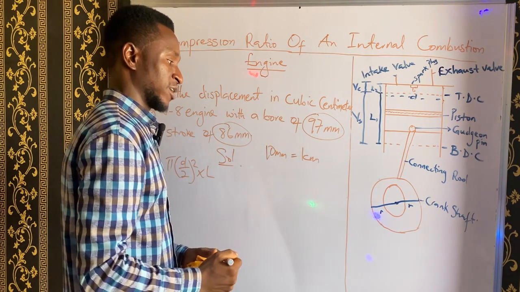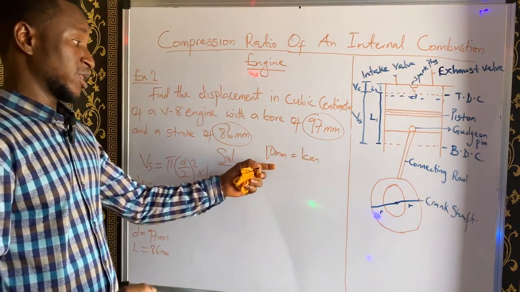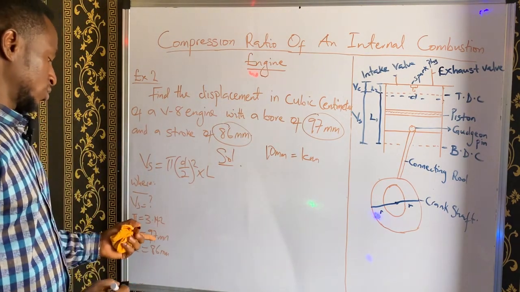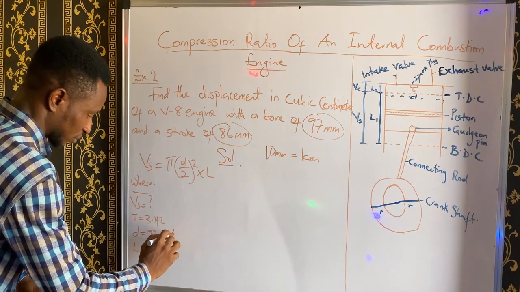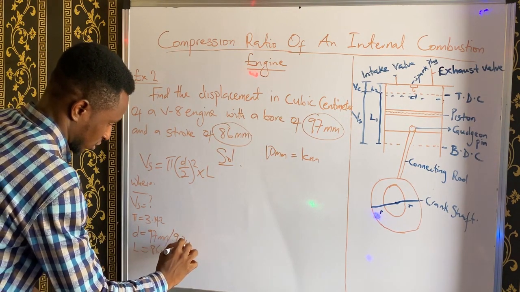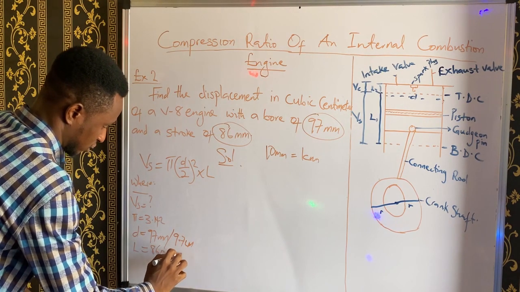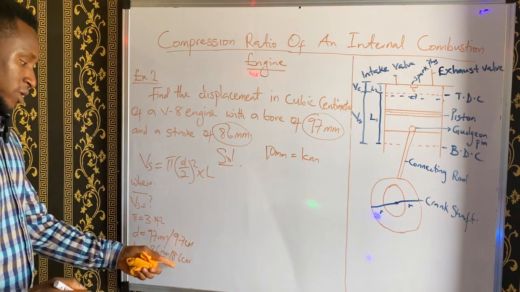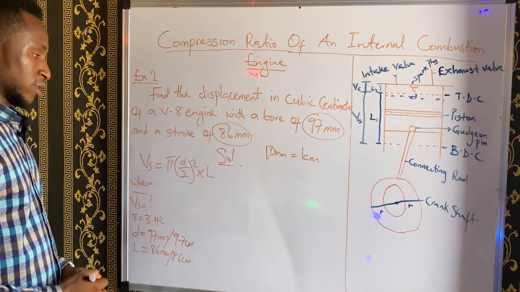So to convert from millimeters to centimeters, whatever value is given must be divided by 10. Now we have 9.7 centimeters and 8.6 centimeters. So we'll be working with this and not the millimeters.